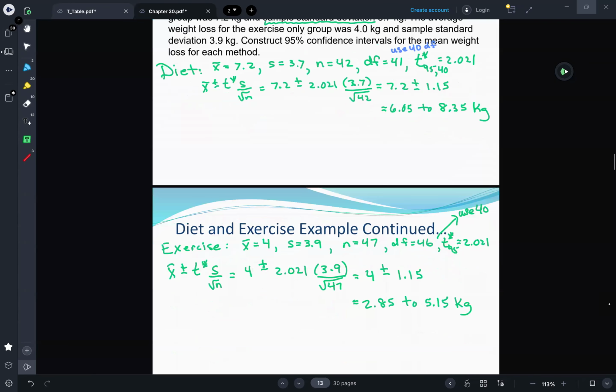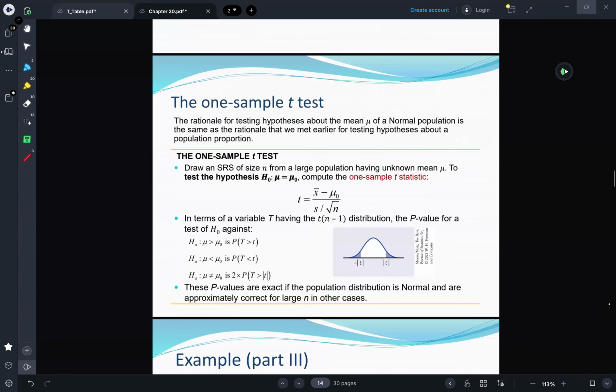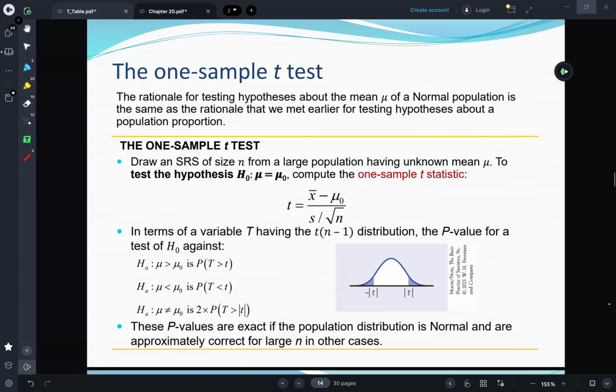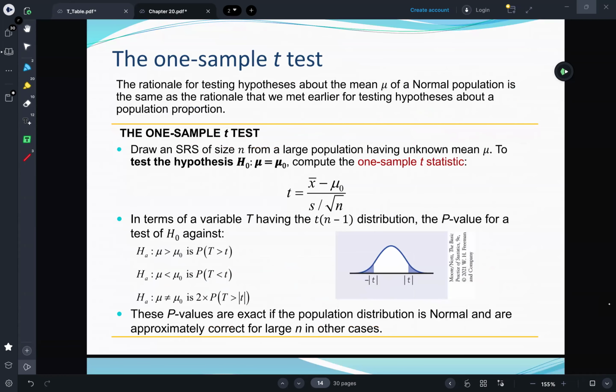T procedures. So we have the 1-sample t-test, and this is where the word comes from. This is what the head brewmaster at Guinness was doing, the t-test. Nothing changes.